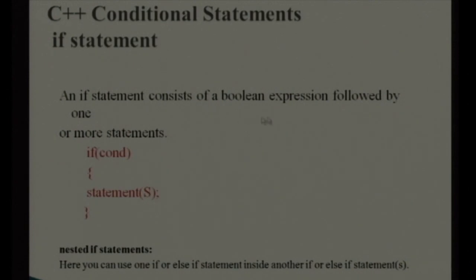An if statement consists of a Boolean expression followed by one or more statements. That Boolean expression is basically checking our condition, and on the basis of its value we decide which set of statements is to be executed.